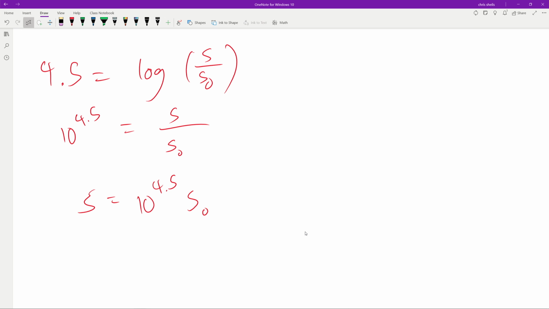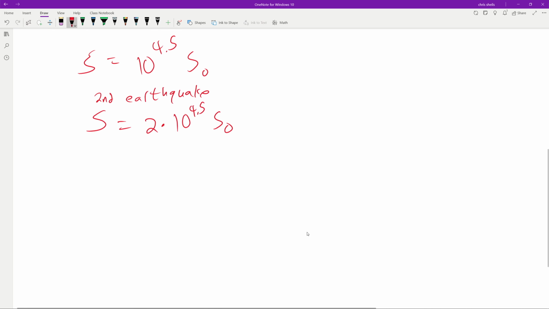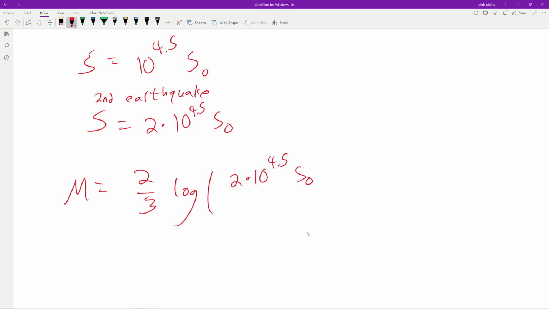So the second earthquake had twice as much earth movement, we were told. So for that second earthquake, we instead have that s is equal to 2 times what we had previously, which is 10 to the 4.5th s naught. And if I wanted to find the magnitude, this would be m equals 2/3 log of 2 times 10 to the 4.5th s naught divided by s naught.